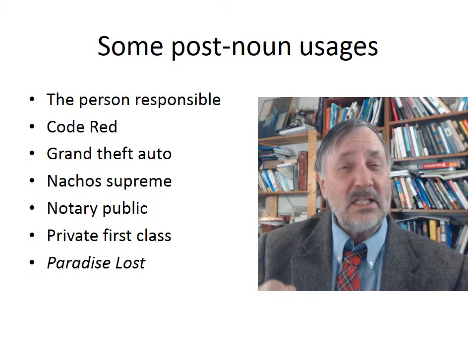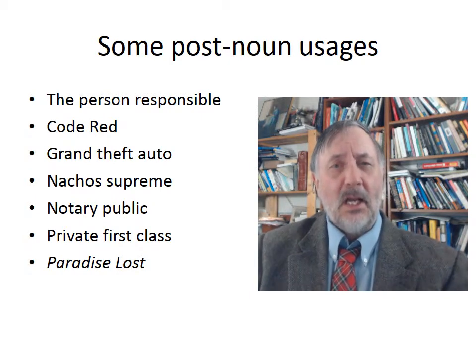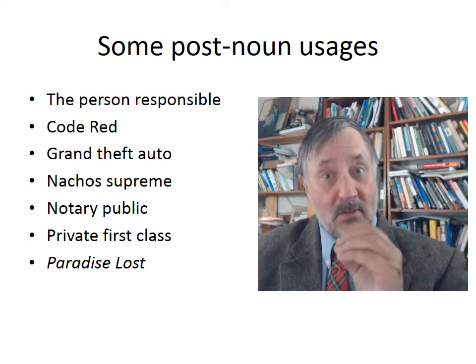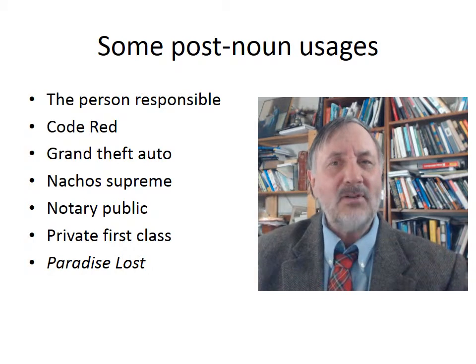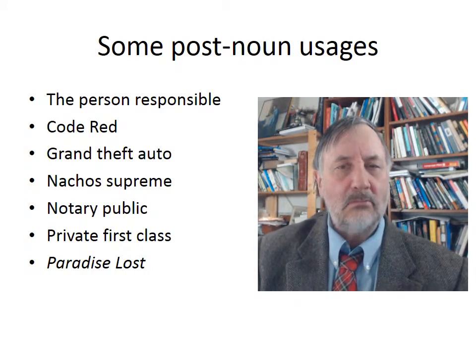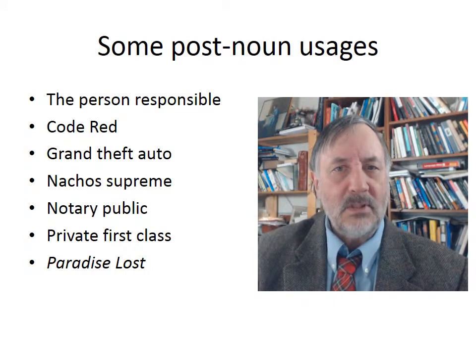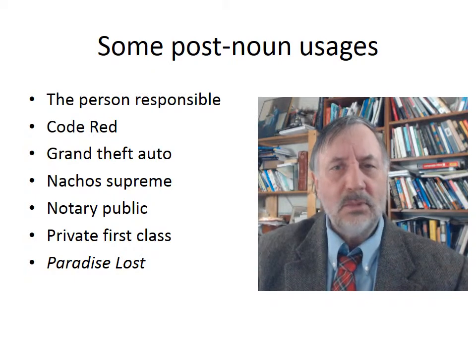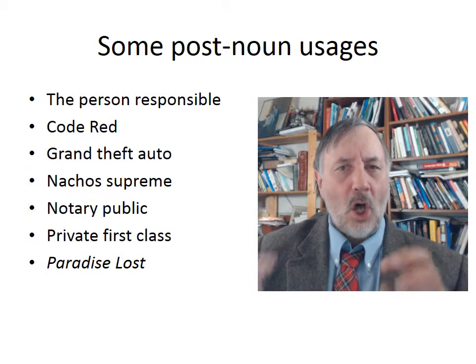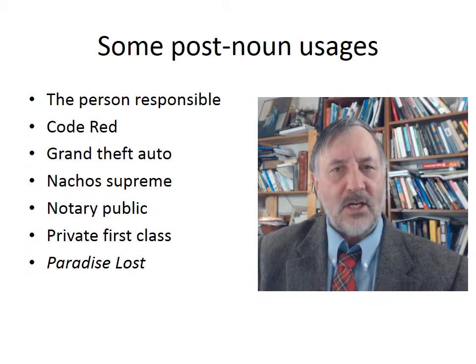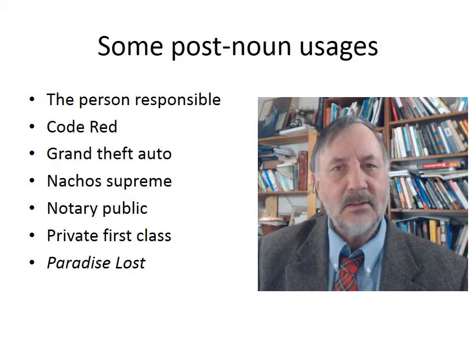What kind of paradise? It's a lost paradise, but the adjective lost comes after the noun in this form. So these are unusual, and they are usually locked into the language in their set phrases, but just something to keep in mind.